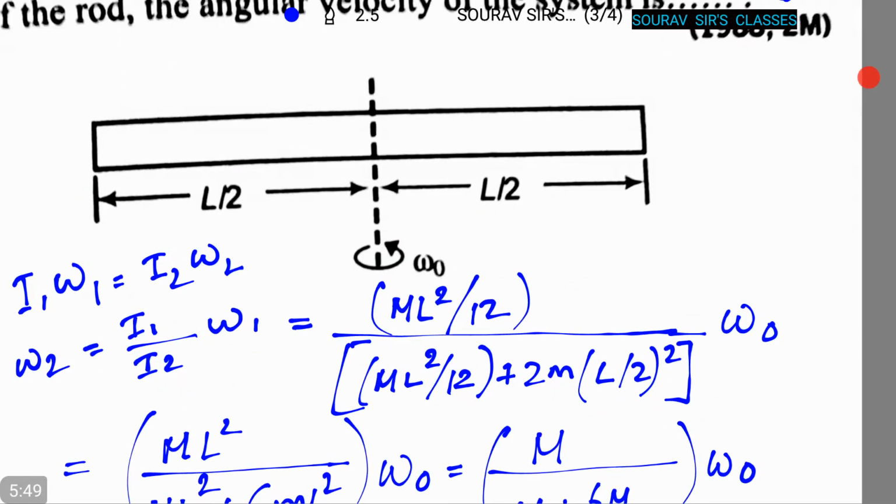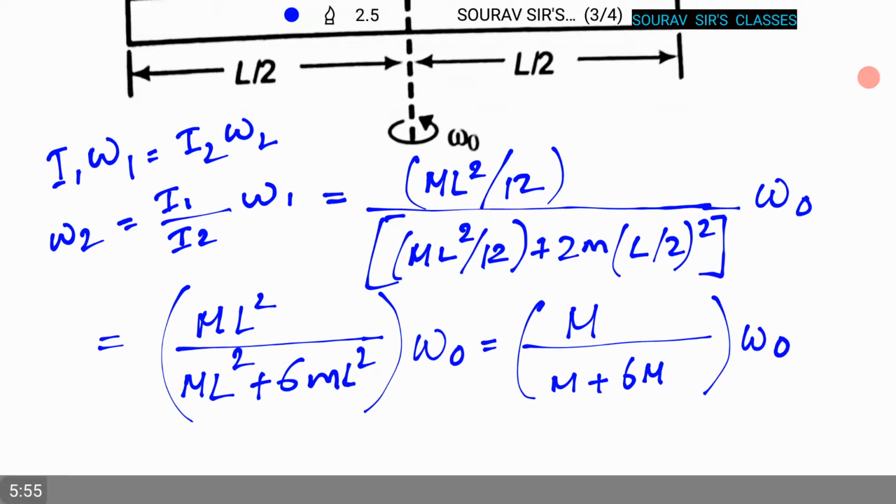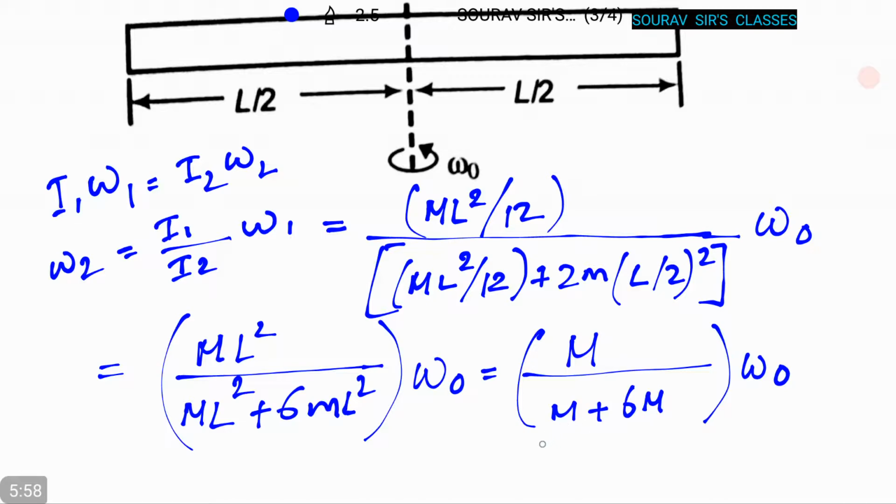So here our angular velocity of the system is m by m plus 6m into omega 0.